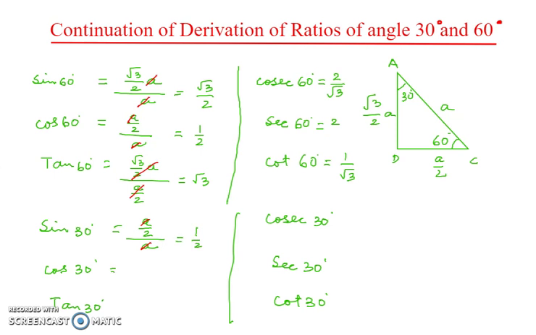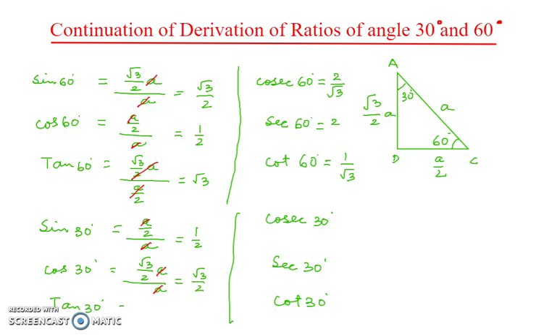In the same way cos 30 is nothing but adjacent upon hypotenuse, right? So cos 30 is adjacent upon hypotenuse. So that is root 3 upon 2 times of A divided by A. So what happens? A and A will get cancelled out. You are getting just root 3 upon 2, right?